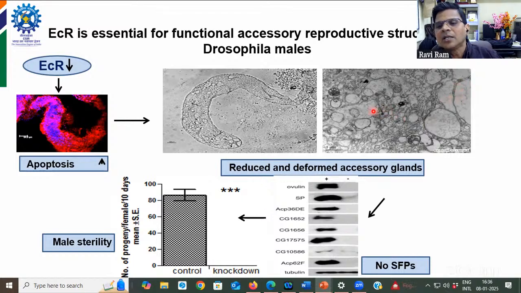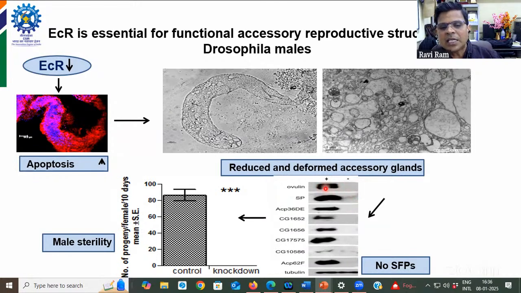Nothing is there in these to say that there are proteins, and we checked further to see if these proteins are being expressed. This is through Western blotting, where you check the expression of specific proteins using their antibodies.